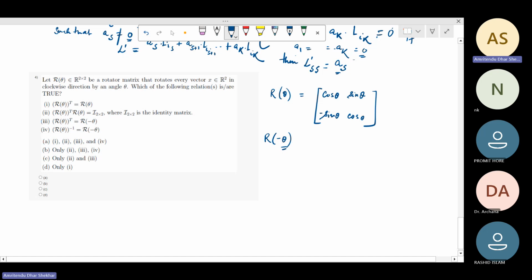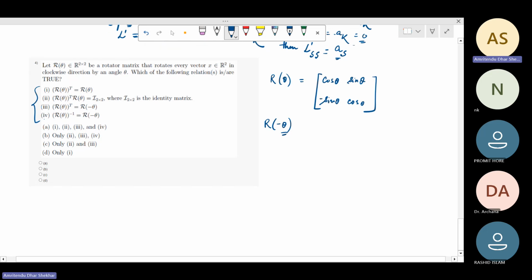Okay, and there are a number of identities over here, and checking those identities is routine. So I'm not going to check those. Let me just write it. R minus theta is a rotation for clockwise.